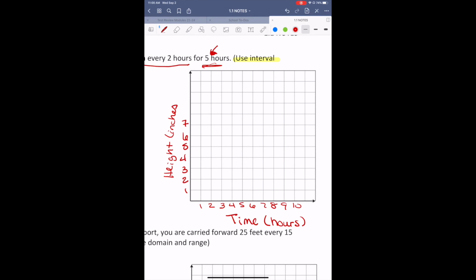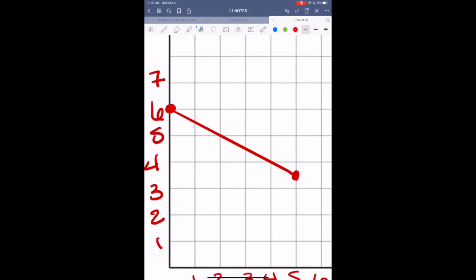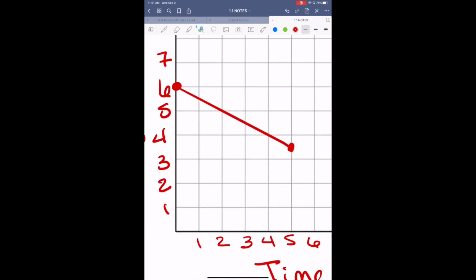We can just graph those. We know that they are included. So for 0, 6, and then 5, 3.5 is the new height of the candle. Connect your points, and you have your function. Okay, this gives us a linear model of what the candle will look like after burning for several hours.